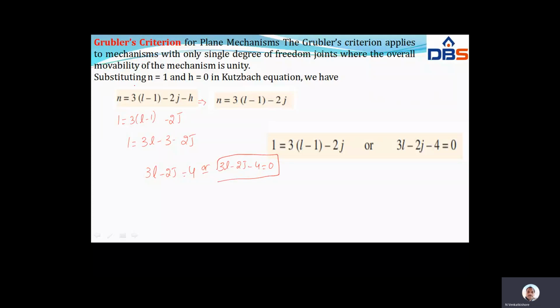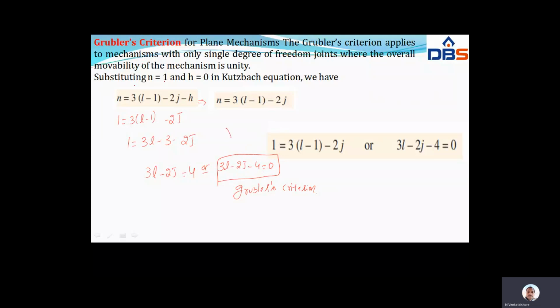This formula we will call Grubler's criteria or Grubler's equation. So from where are we getting this equation?